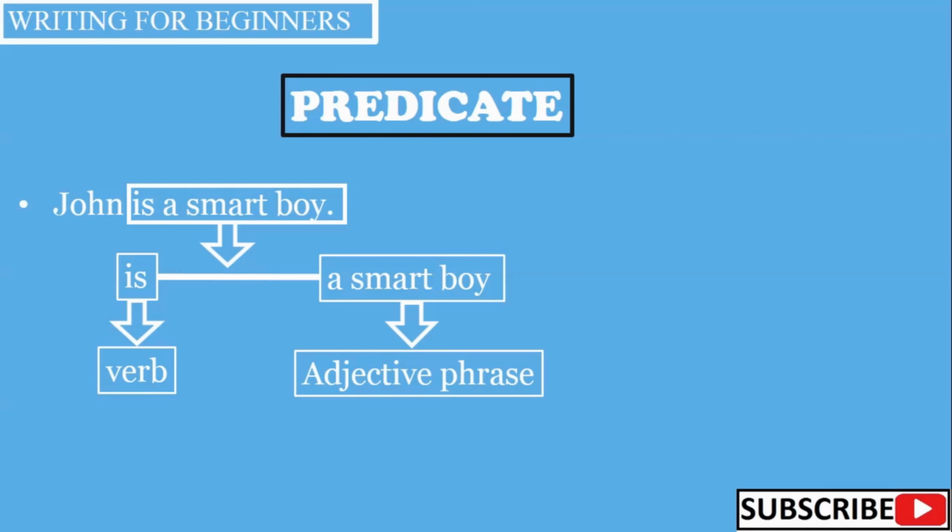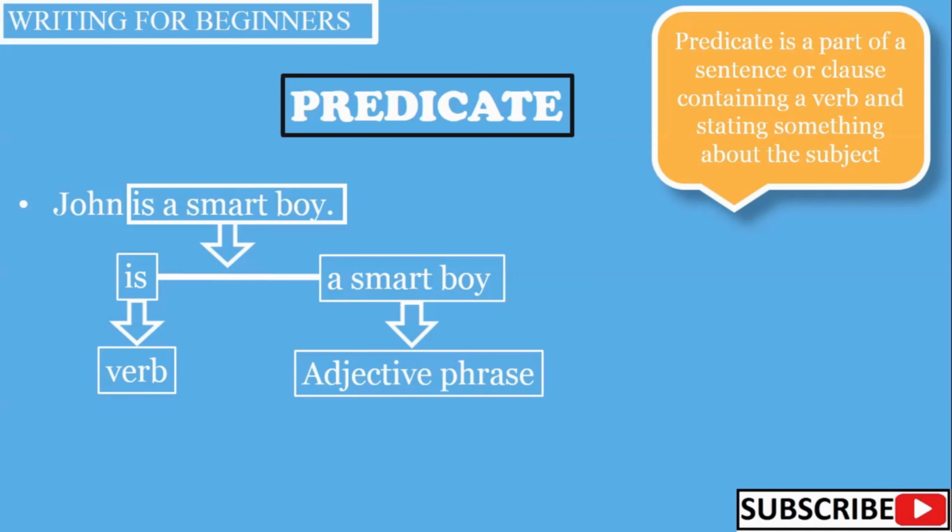Before that discussion, just keep in mind this definition of predicate. Predicate is a part of a sentence or clause containing a verb and stating something about the subject. So in this example, in this partition and structure of a sentence, you can understand this definition. Predicate is a part of a sentence.